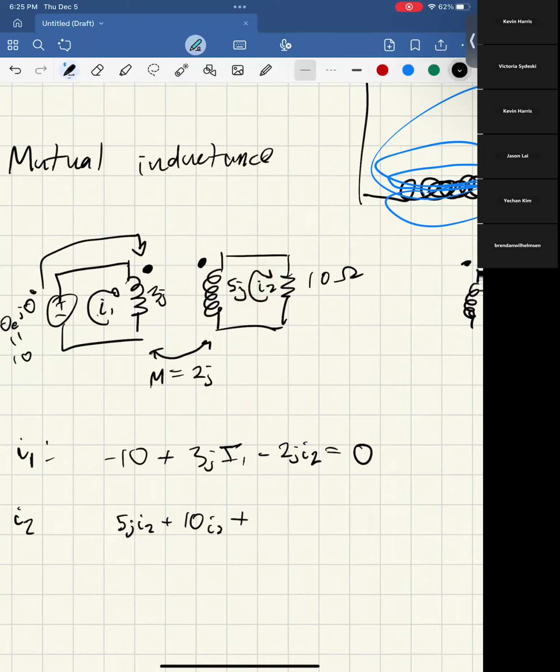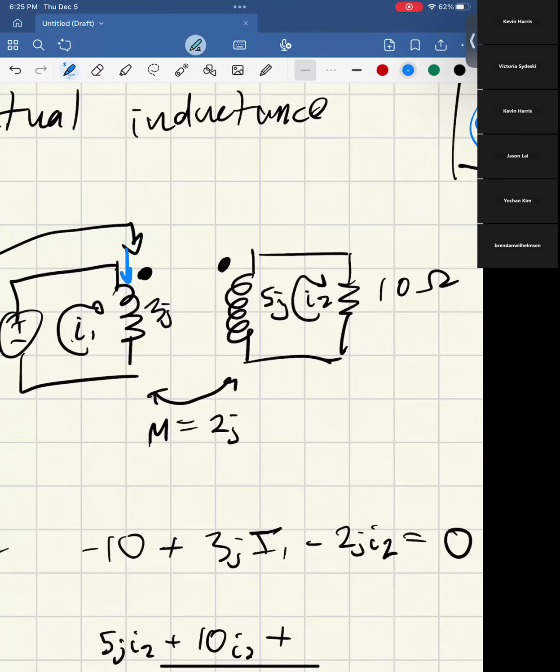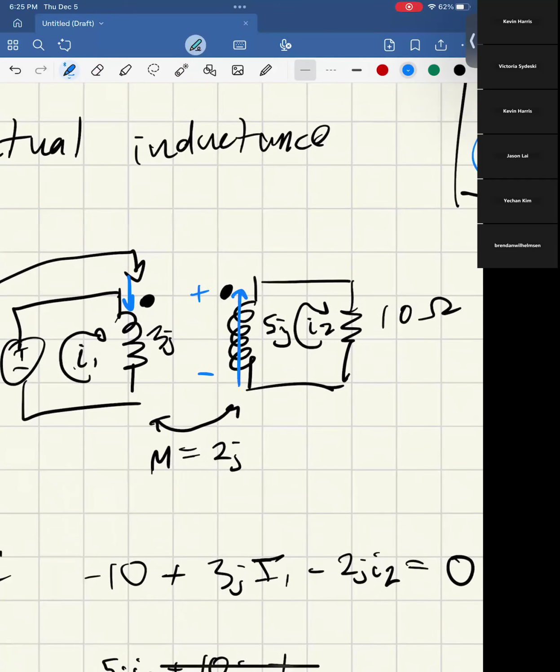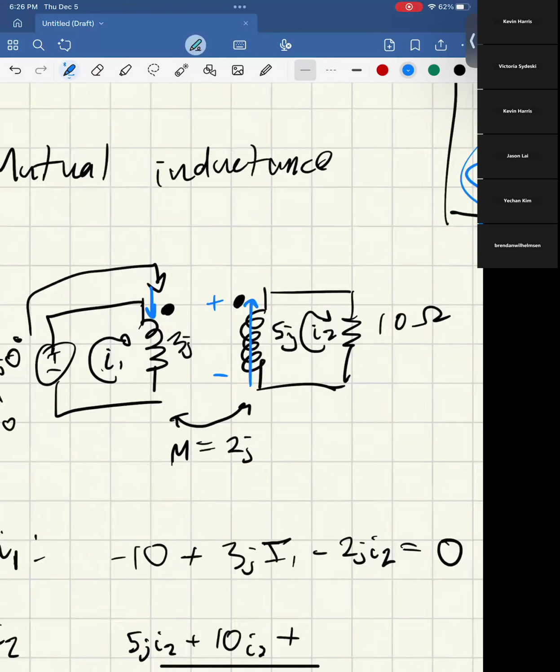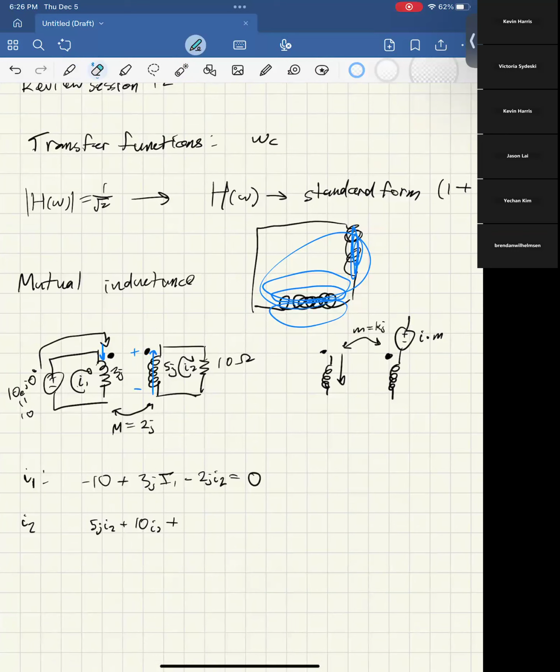This is why Zorman recommends to actually draw things on your notes. So here, the current's going down, or it's going in the dotted side, so we'd have a plus and a minus here. However, since our I2 current is going like this, we are going from low to high, which means that this will be negative. Hopefully that made sense. Sorry if it didn't.